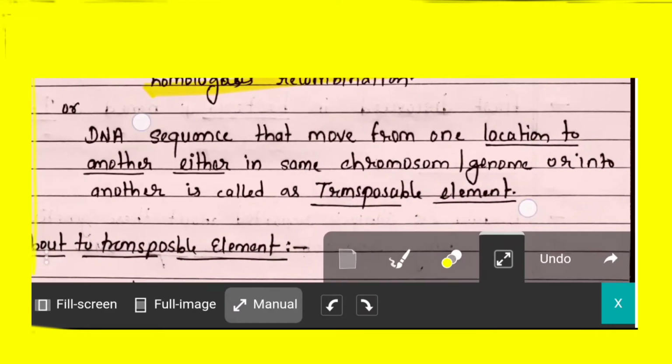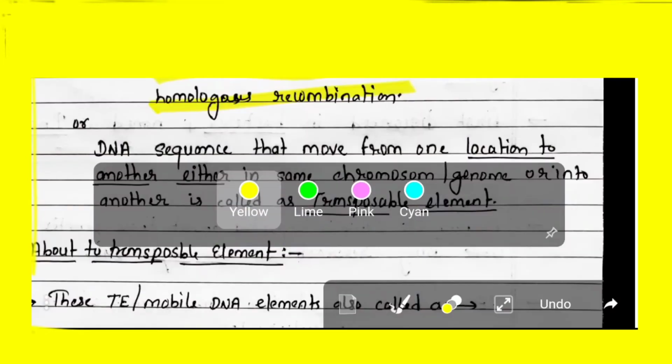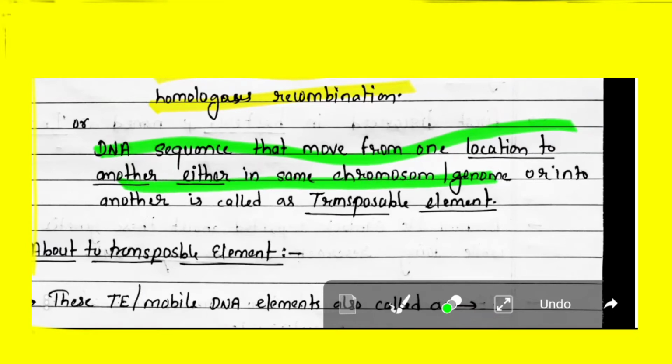Or another definition, which is easier: DNA sequences that move from one location to another location, either in the same chromosome or genome or into another, are called transposable elements. It means DNA sequences, these are nitrogen base sequences, or we can say genetic code.